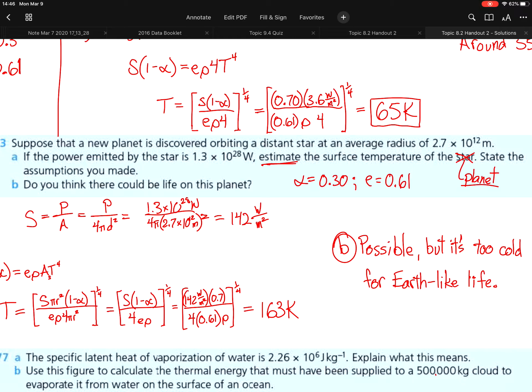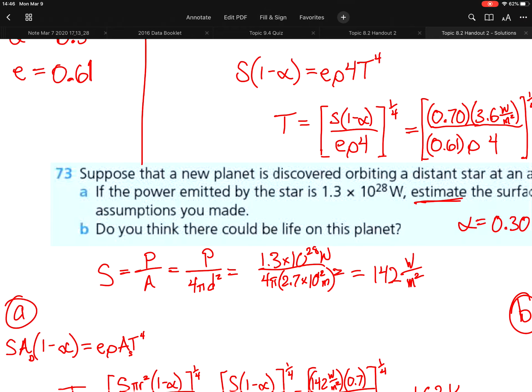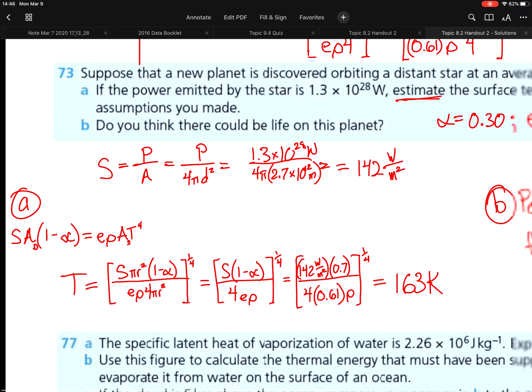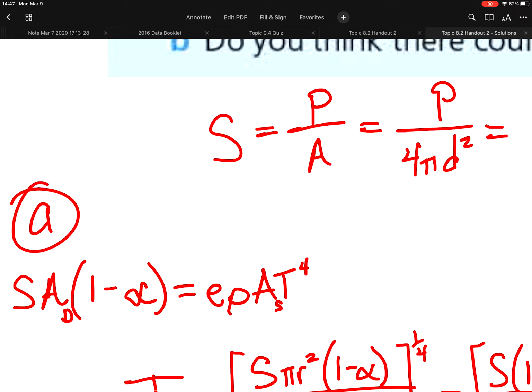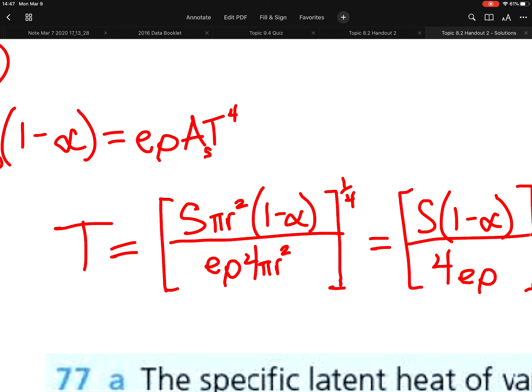Okay, I then find the solar constant for this particular planet, and I find that it's about 142 watts per meter squared. Once I have that, then I can find its temperature. So I really need that solar constant in order to set up this equation, which I've now used a couple of times here.